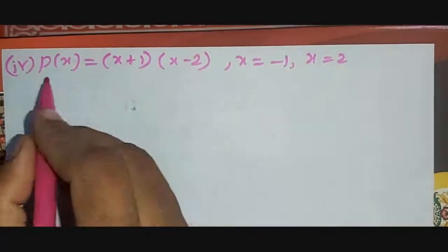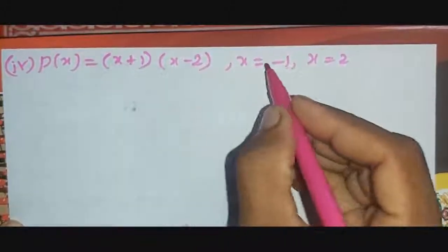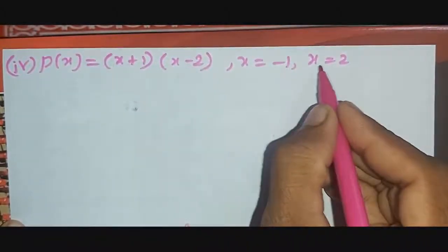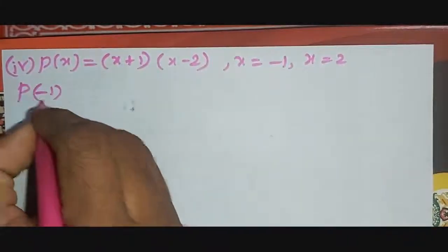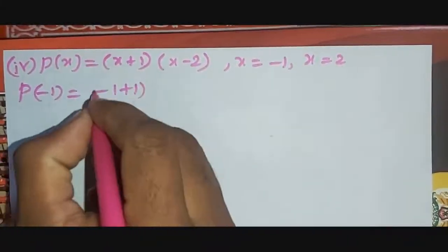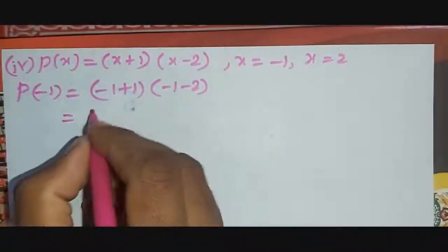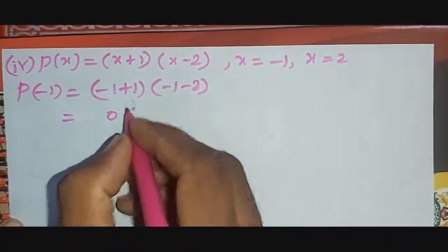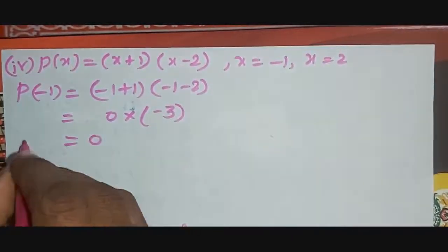Okay, now let us discuss the fourth question. P of x is equal to x plus 1 into x minus 2. X is equal to minus 1 we need to find, and x is equal to 2. First P of minus 1 is equal to minus 1 plus 1 into bracket minus 1 minus 2, which is 0 into minus 3. See, 0 into any number is 0 only.